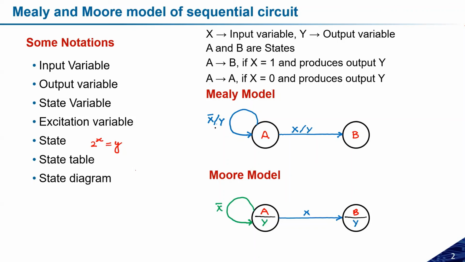If we talk about the Mealy model, we have to give input and output outside during the transition, at the transition time. But in the Moore model, I have to give only input in the transition, and output will be given at the state. Okay, because that indicates the state value. So this is the representation of the Moore and the Mealy model.